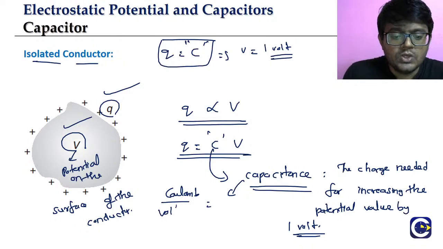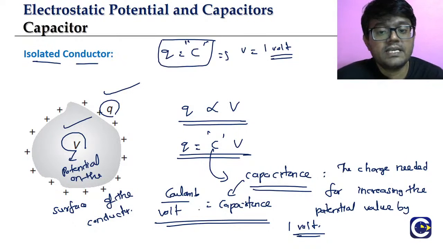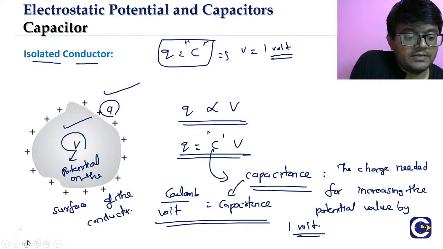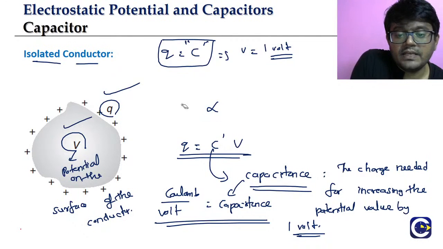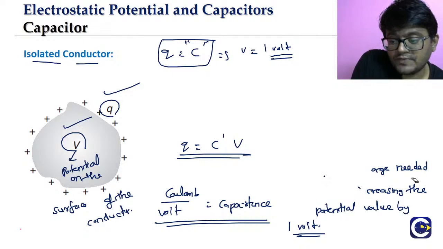So coulomb per volt, that is the SI unit of the capacitance. What is the SI unit of the capacitance? Coulomb per volt. But we give it an honorary name, like how for many physical quantities we have given a name in honor of the scientist who has worked on that particular physical quantity.